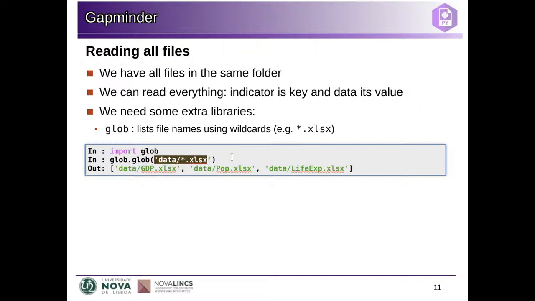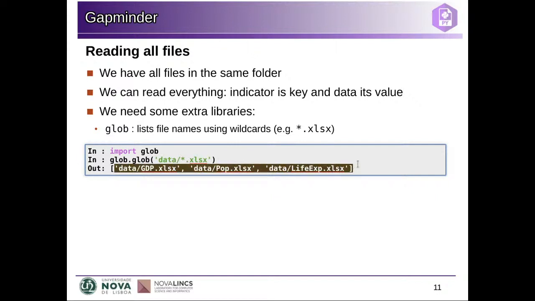So these are Excel files. And this returns a list with all the files that I have that match this template. So these are the 3 Excel files I have in that folder: GDP, population, and life expectancy. So using this, we can automate reading a number of files that we have in a folder.